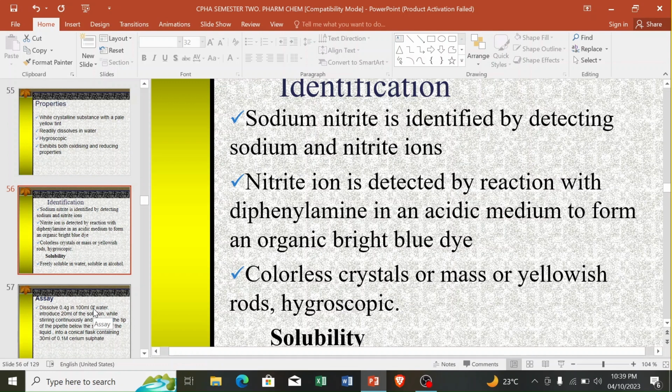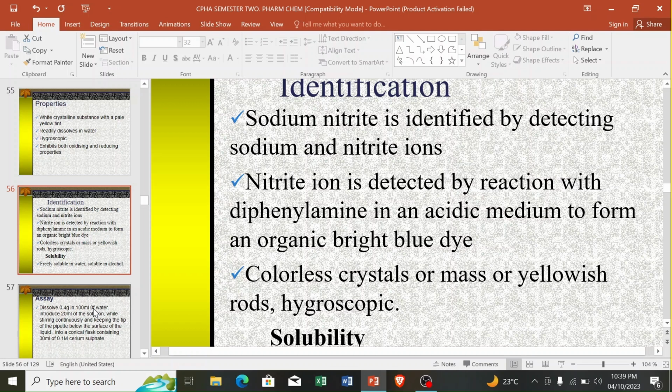Let us look at identification tests, or qualitative analysis, of our sodium nitrate. Sodium nitrate is identified by detecting sodium ions as well as nitrate ions separately. So nitrate ions are detected by reaction with diphenylamine in an acidic medium to form an organic bright blue dye.